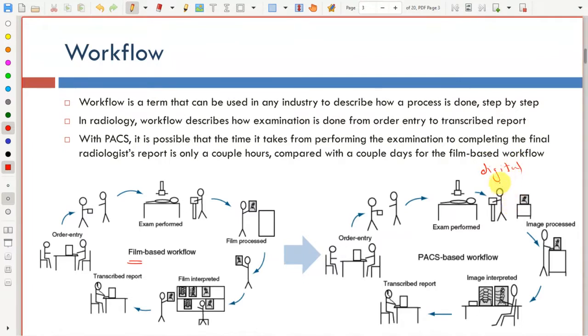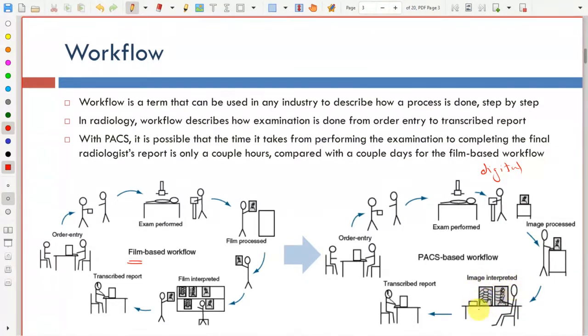Okay. And when you have a digital X-ray system, you have an image receptor, and this image receptor is in digital form. So the image is converted to digital form and sent directly to the computers or the workstations where the doctors reside.